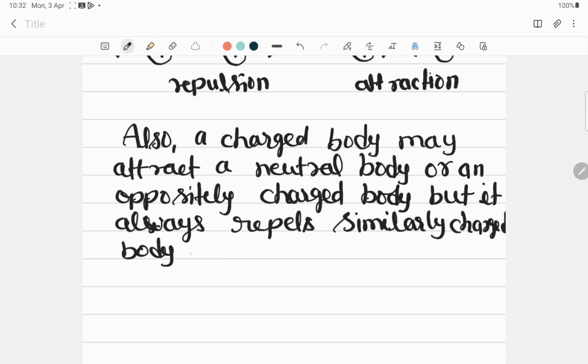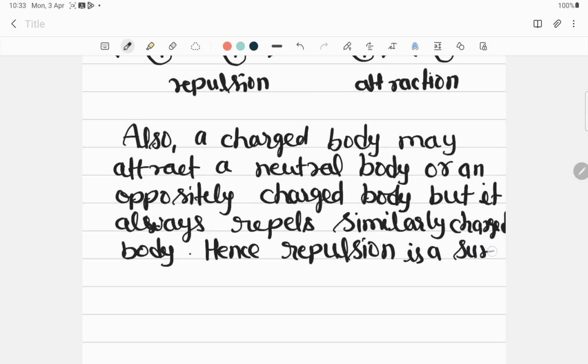Hence repulsion is a sure test of electrification.